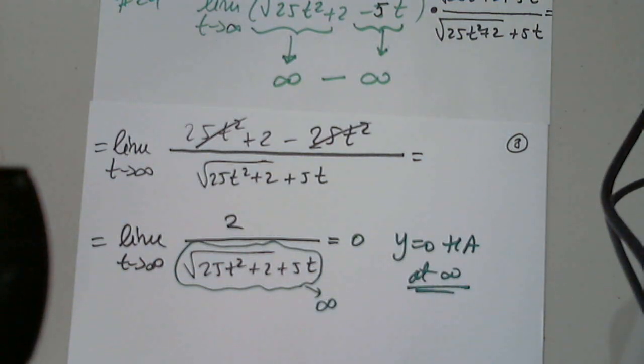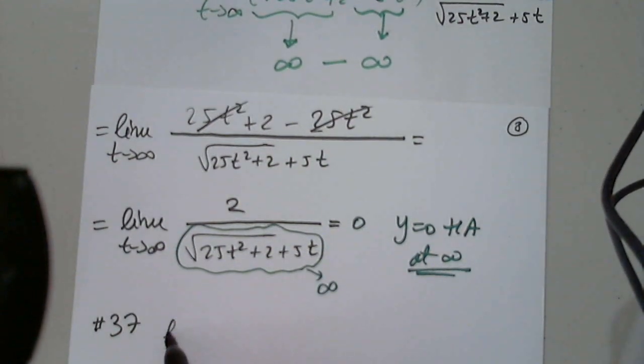Okay, I want to show one more example with e. So let's choose one with e, something like this one, number 37. Let's look at 37, and then let me know if we need more. As you've noticed, they're all different.